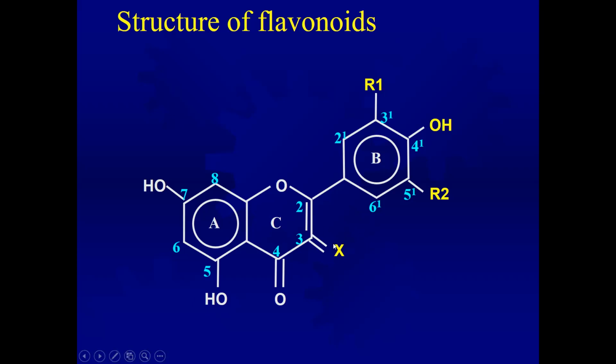Either a hydroxyl group or a methoxy group or another group can be connected. Even, I told you, a glucose molecule can be connected, and even one more glucose can be connected in a chain. Similarly, 3 prime and 5 prime can also be substituted. Generally, 4 prime is substituted with oxygen.